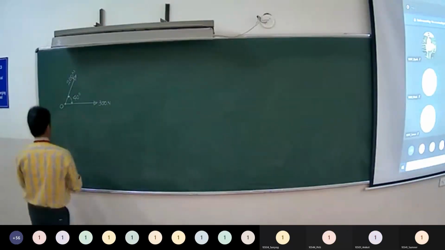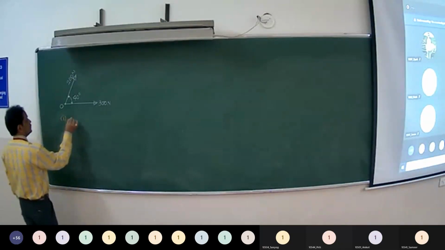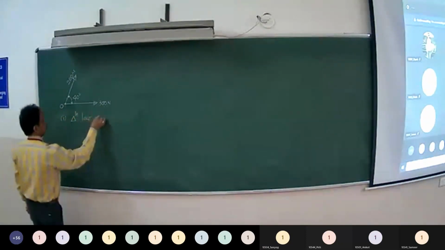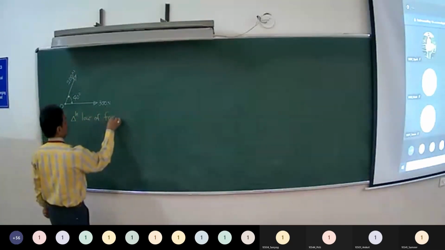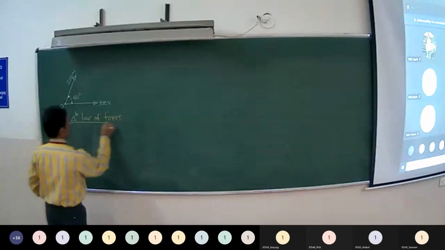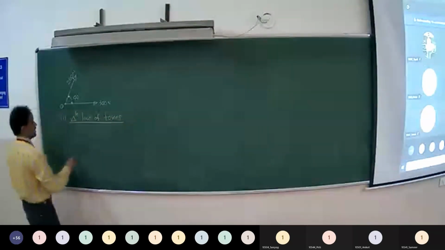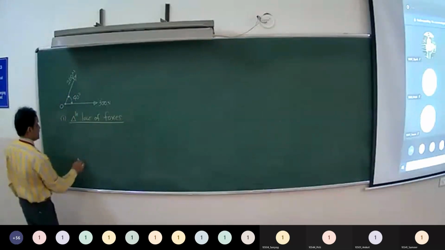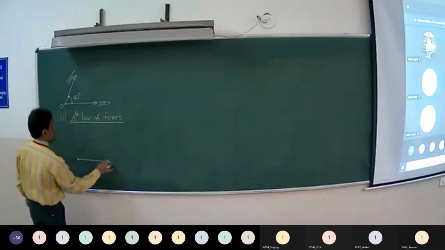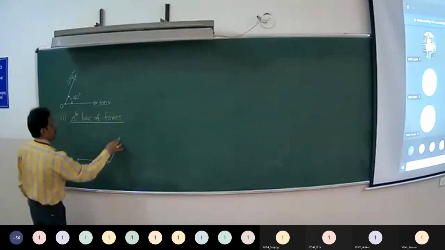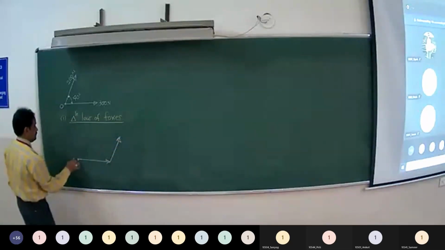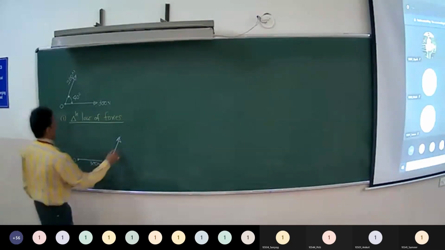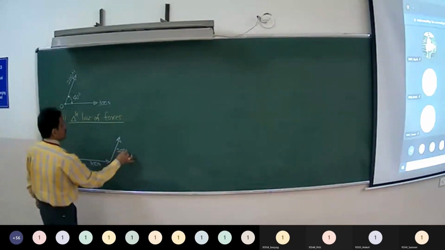So first, we'll use triangle law of forces. In triangle law of forces, we will represent these two forces by the adjacent sides of a triangle taken in order. So it is 300 Newton, 200.